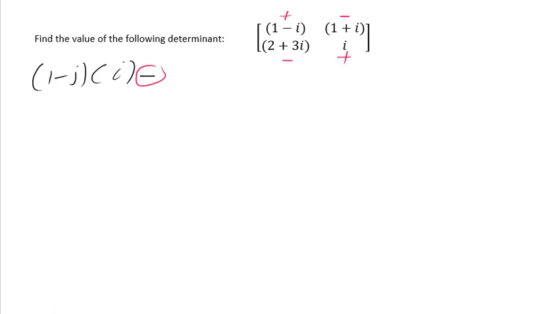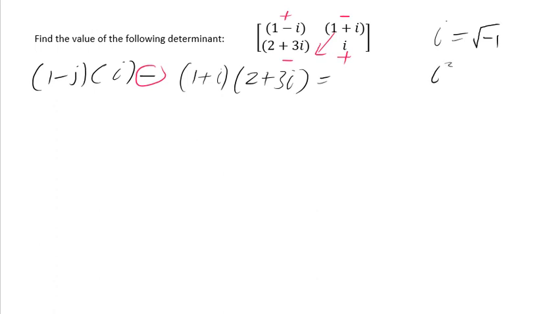Okay, then now you multiply this times this, and you're going to have (1 plus i) times (2 plus 3i). Please note that i is equal to the square root of minus 1. You'll see this on the formula sheet.